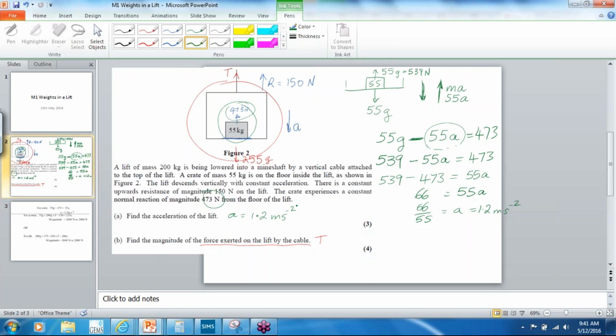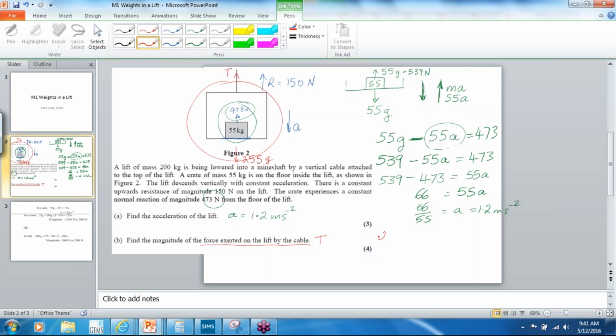Okay, part B now. Find the magnitude of the force exerted by the cable. I'm going to look now at the red system. That's the complete system. I'm now going to treat the lift and the mass as one object, and I'm going to call that 255 kilograms, which brings the force down. So let's have a look at this system.